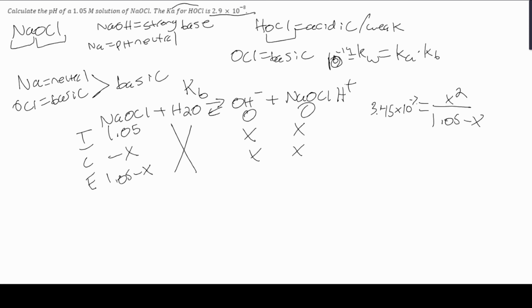Now we're not going to use the quadratic formula to solve this. We're just going to assume x is small. So if we assume x is small, we're going to ignore that this exists, and we're just going to solve this as it is. So this would just be the square root of 3.45 times 10 to the negative 7 times 1.05.